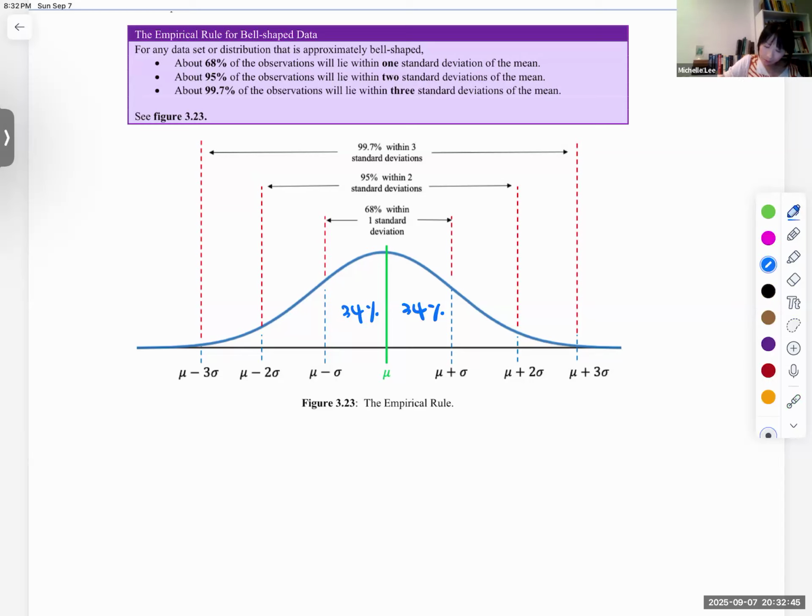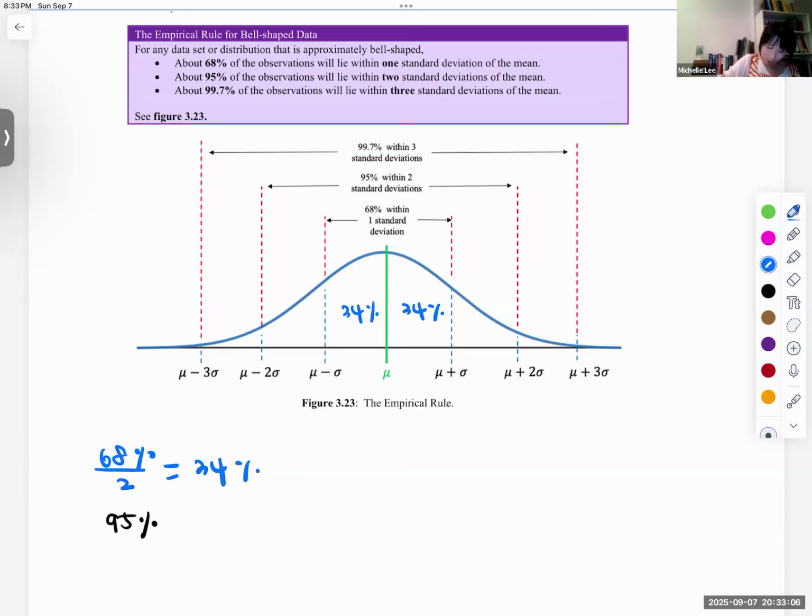Let me do this one first. Number one: 68%, we divide by 2, then 34%.